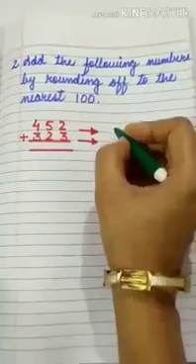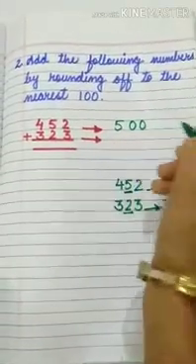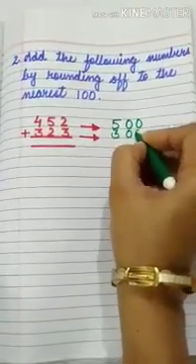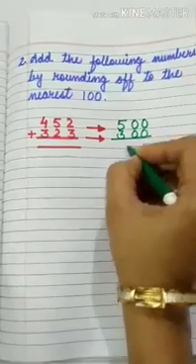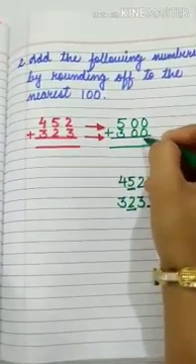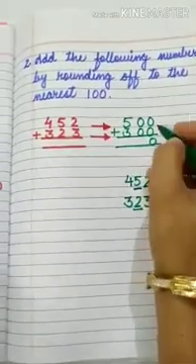Okay, now write down both the numbers here. That is our 500 and our next is 300 and add them, right? So now it is 0 plus 0 is 0, as we have to start from the ones place only, right?